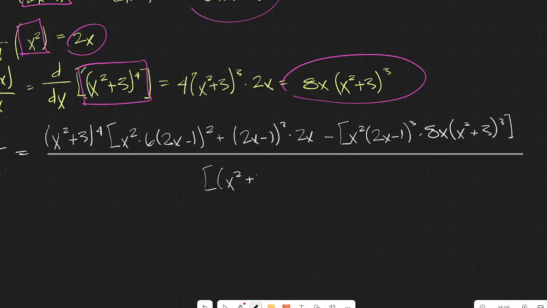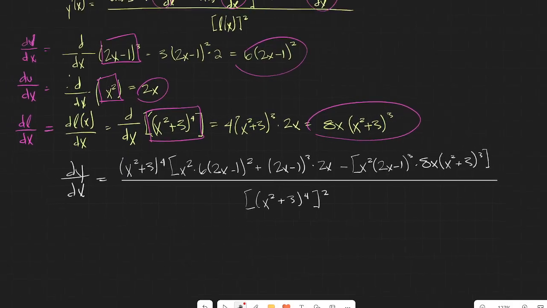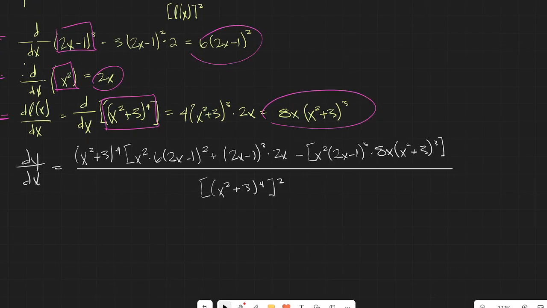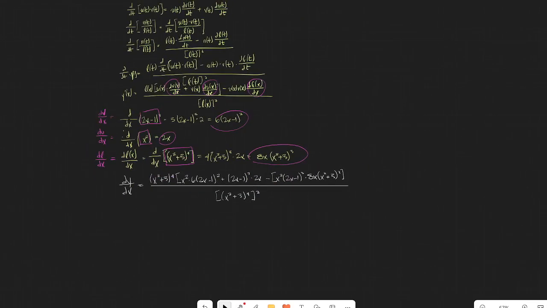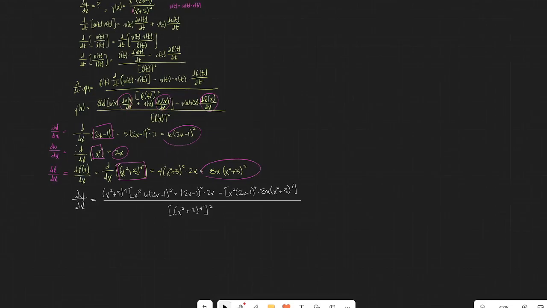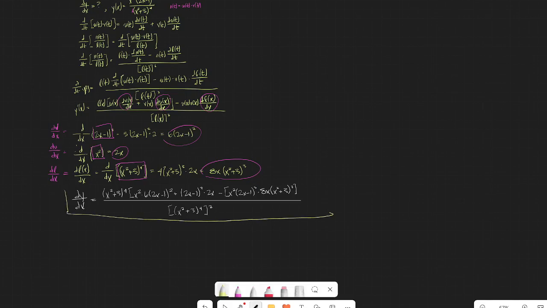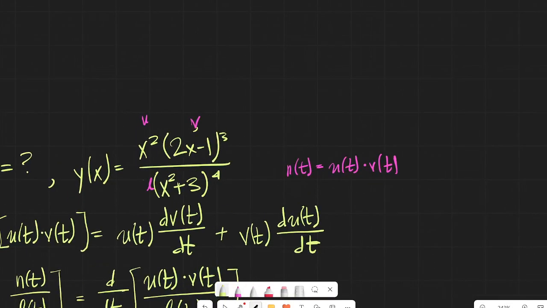And I know this doesn't seem like a simplified version, but this is as far as I'm going to go with it. You can choose to simplify this further, but this is the correct math. This is how I would just enter it into the computer program. And so this is our final answer. That is how you find the derivative of this function here.